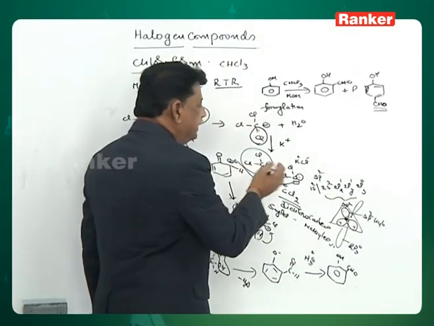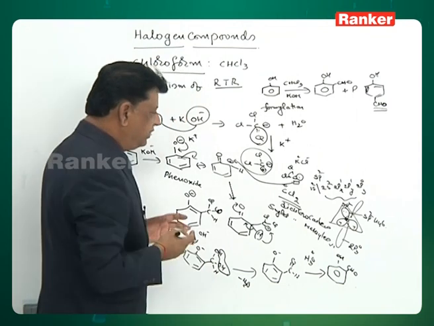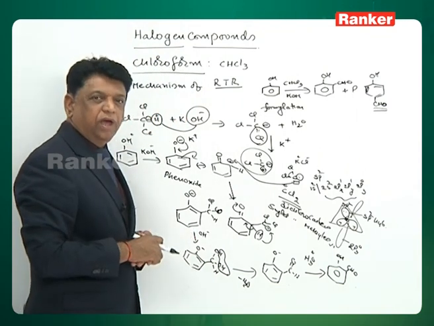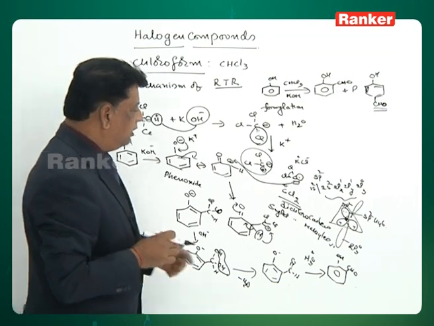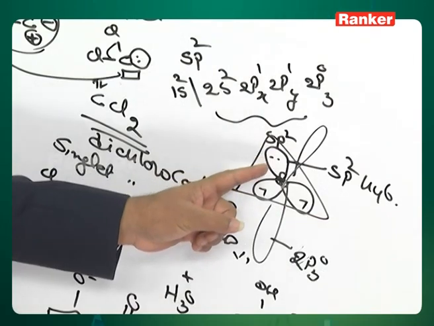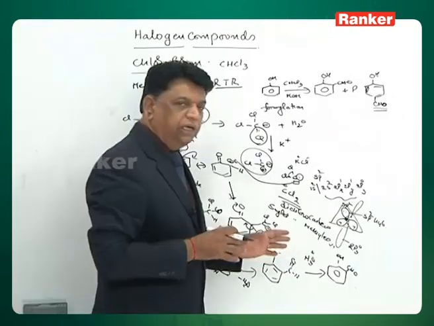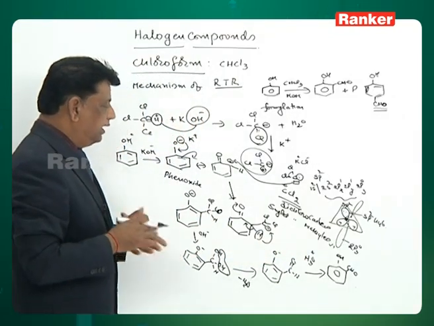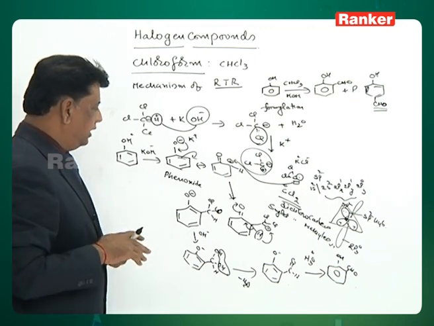If somebody asks what the angle between the two chlorines of singlet dichlorocarbene is, it is roughly 120 degrees, because the pair may have slight expansion and the two chlorines may come slightly closer. The sp2 hybridization will be close to 120 degrees.